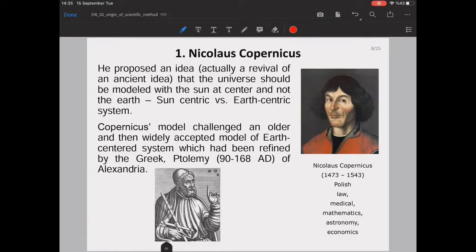Don't confuse him with King Ptolemy of Alexandria, because they are different. King Ptolemy lived in the era of Euclid. We're talking about the scholar here.